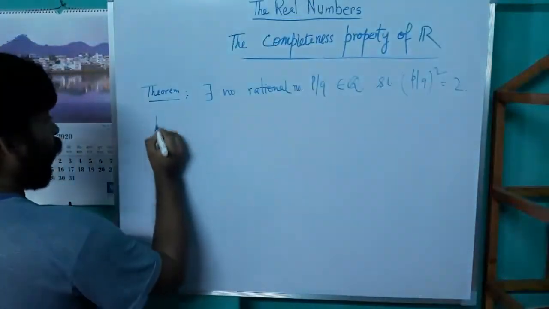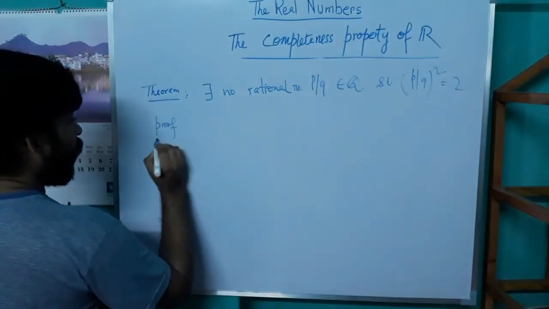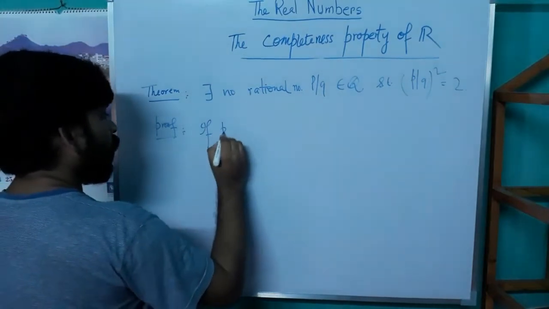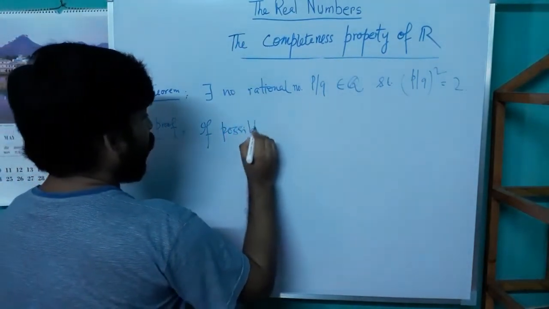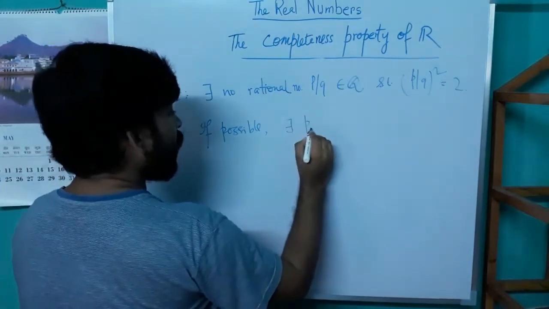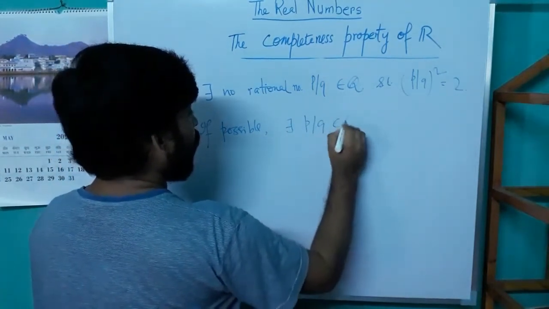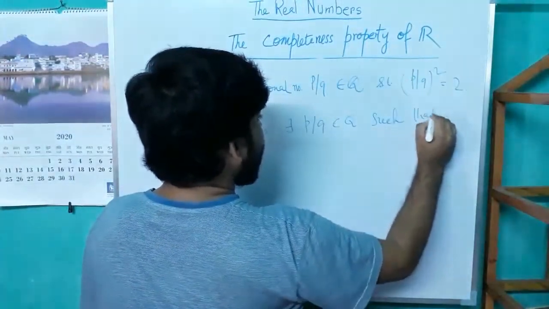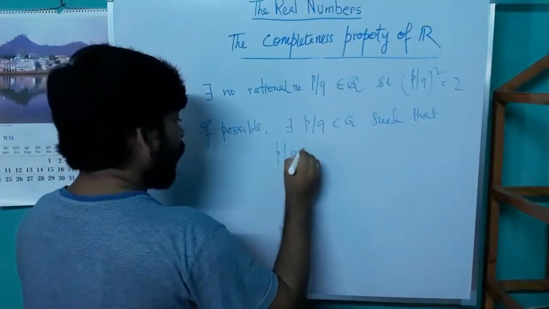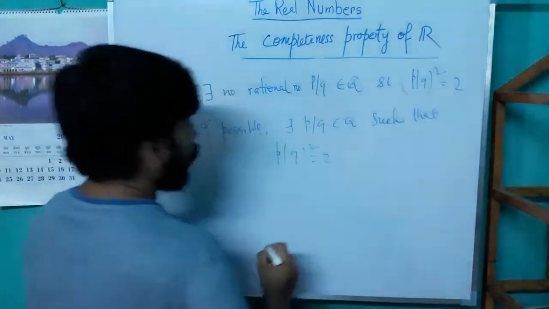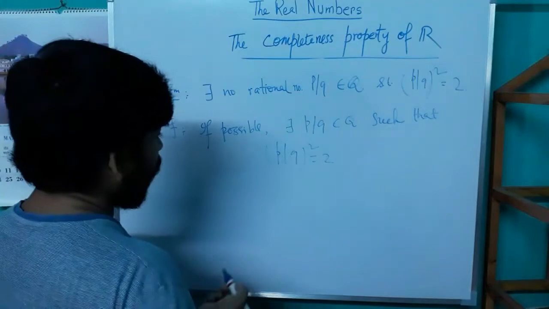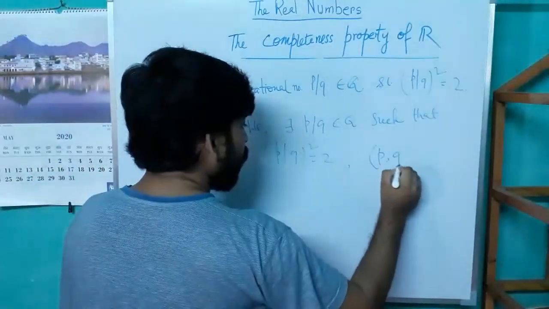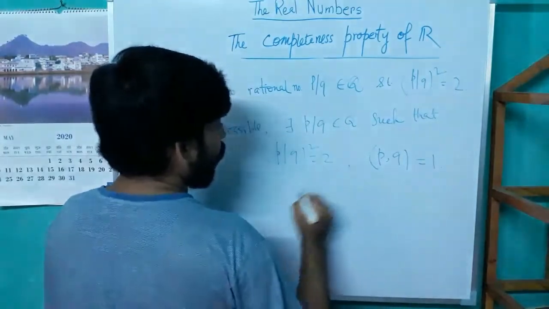Proof. If possible, suppose there exists a rational number P by Q belonging to Q such that its square is 2. Then obviously GCD of P and Q is 1.